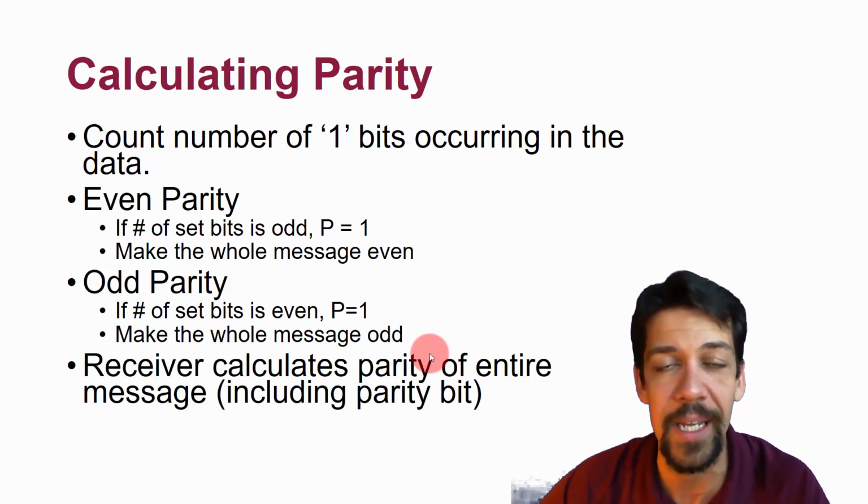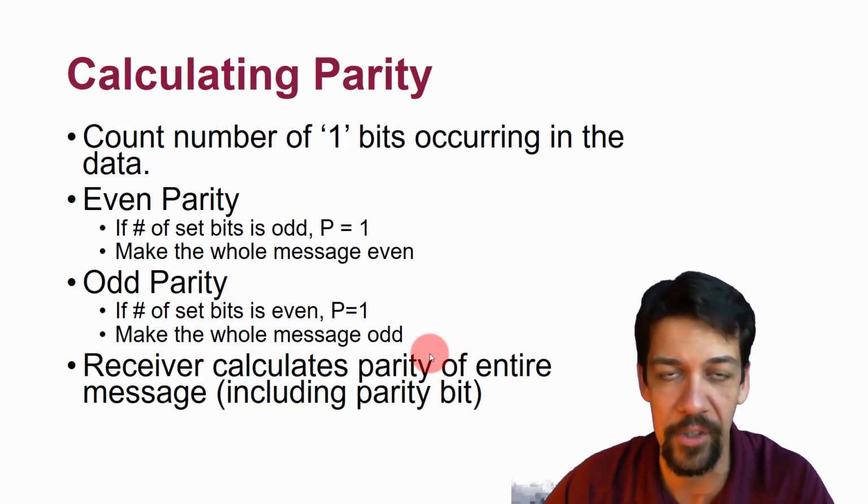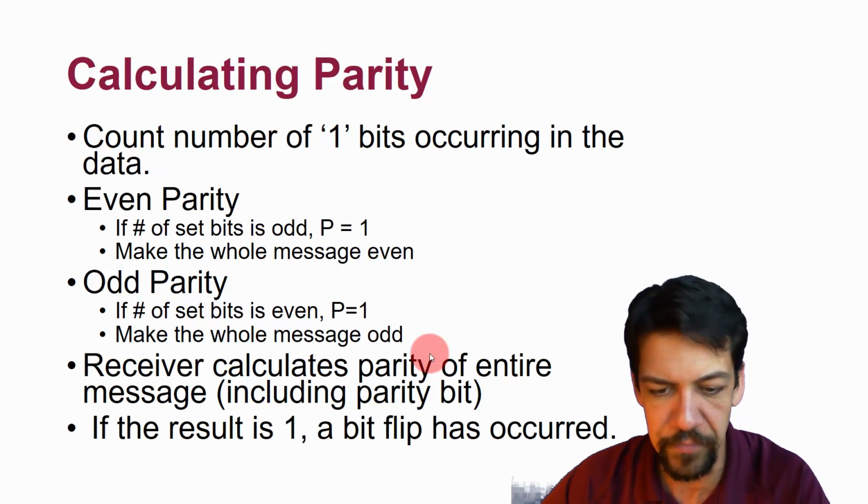And if the parity of the message is 1, either for even or odd parity, then something has gone wrong, right? Because we're calculating the other format, and if that is the case, there has been a bit flip and we should request a retransmit.